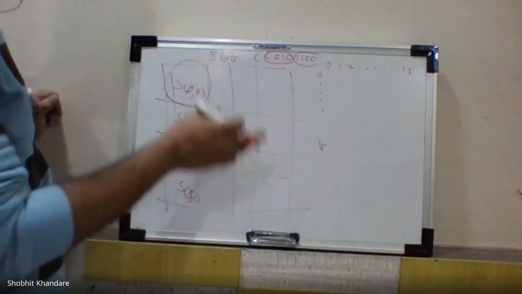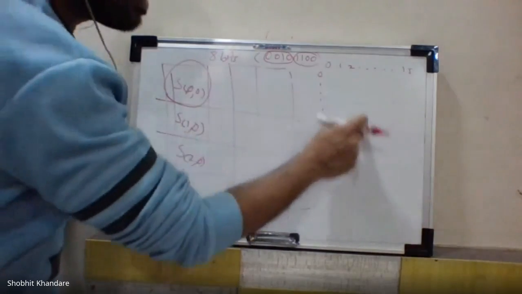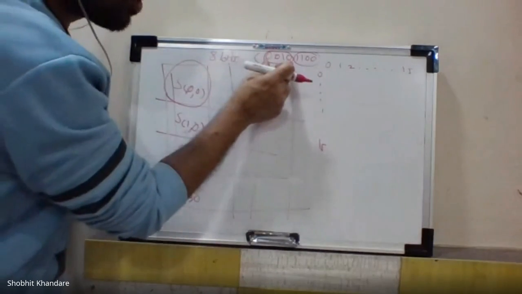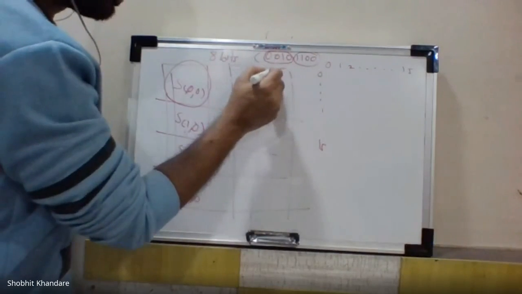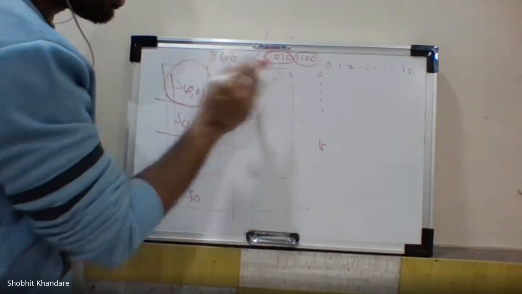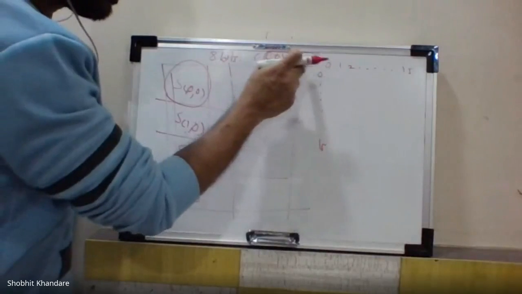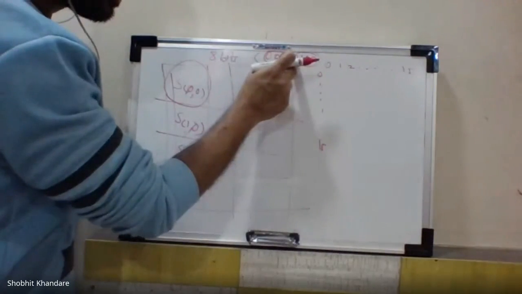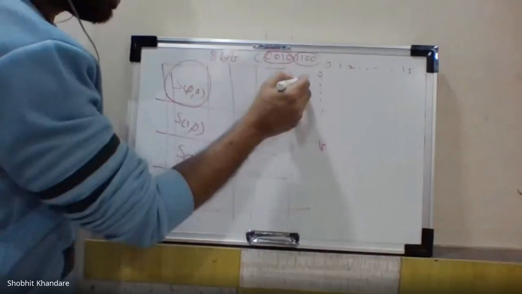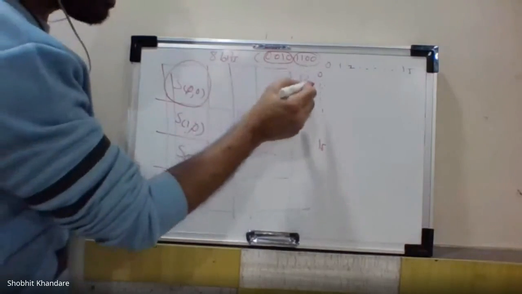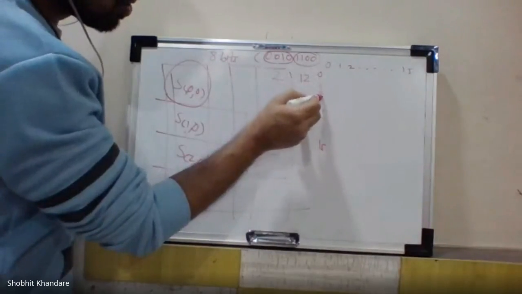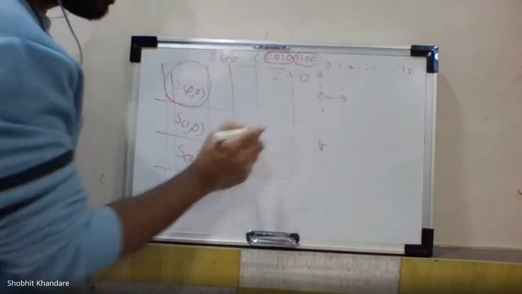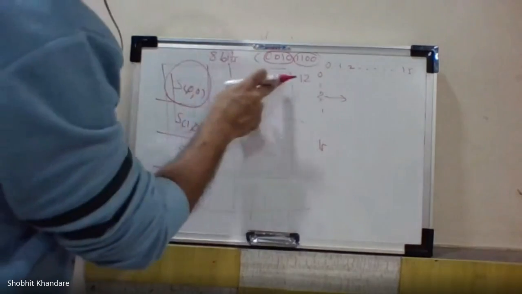We only have to find the element corresponding to the first 4 bits and the last 4 bits. 0,0,1,0 corresponds to decimal 2, and 1,1,0,0 is 8 plus 4, that is 12. So 12 is the column number, and we have to find the element at the second row and 12th column.